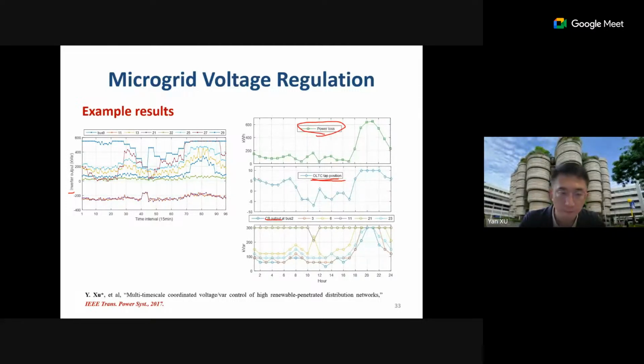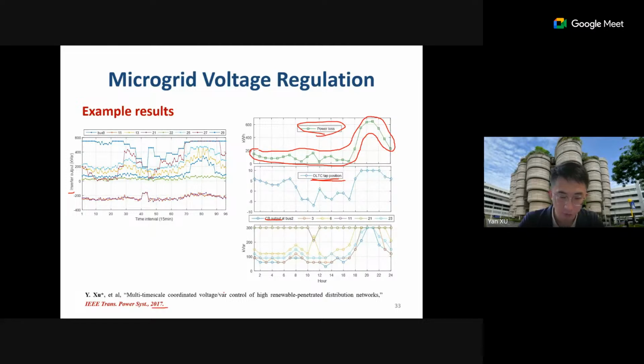So you can see that for 24 hours, this is the power output of the converters. And this is the positions of the OLTCs. And this is the output of the capacitor banks. And this is the corresponding power loss of a day. It is already minimized. More technical details are provided in this paper.